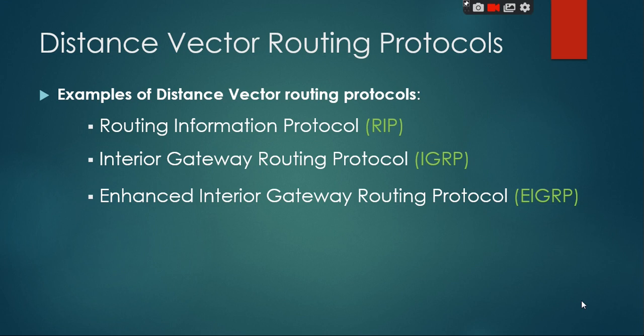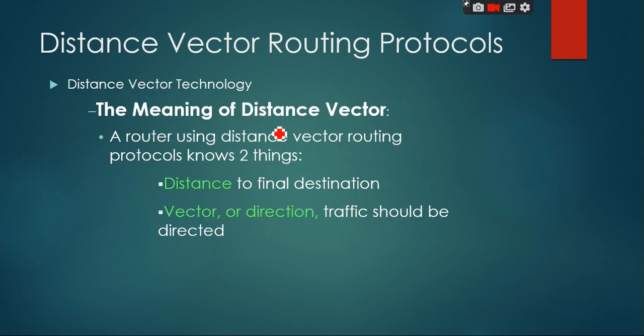So distance vector: distance means the distance to the final destination. When I say destination, it's between two routers. One router can be in your home, that's your home router, and it transfers data from your PC to the ISP.